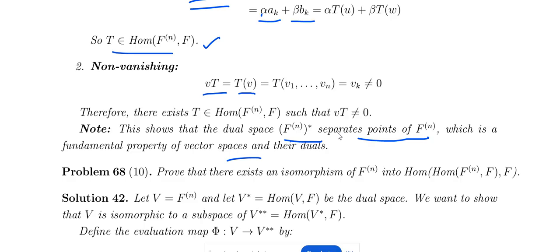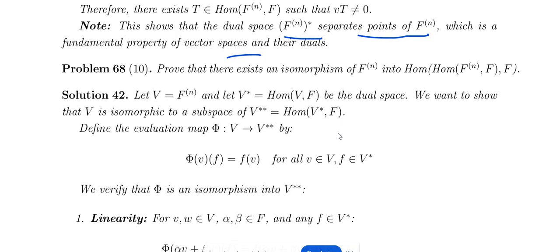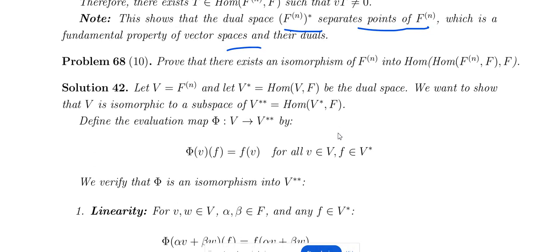Okay, so and another one பார்த்தீங்கன்னா that is, there exists an isomorphism from f power n onto homomorphism of homomorphism of f power n comma f comma f.